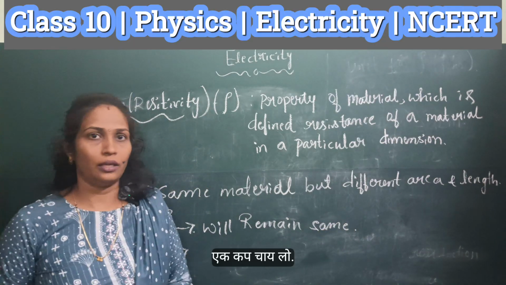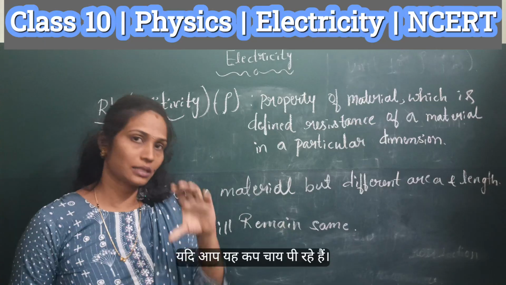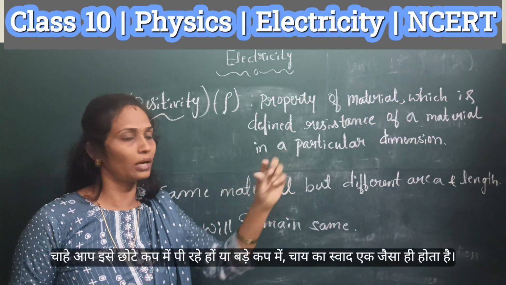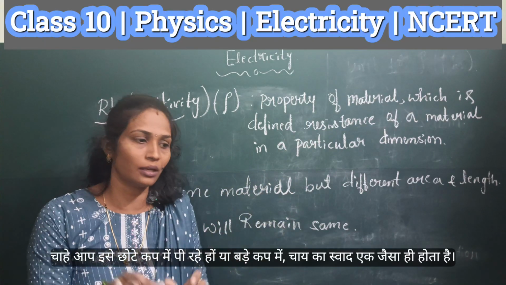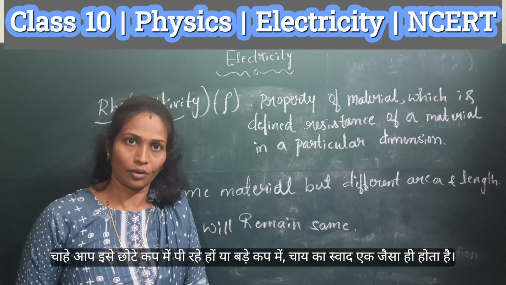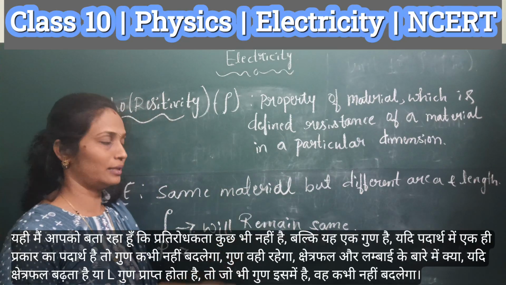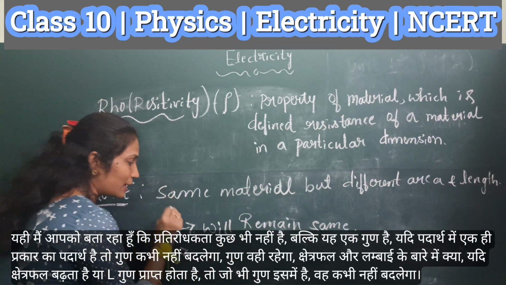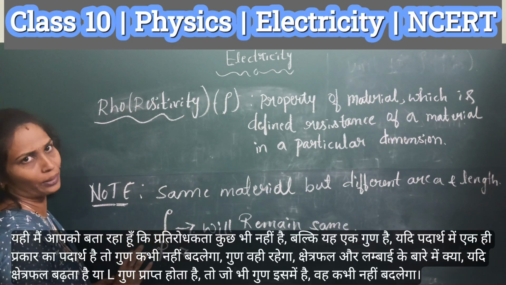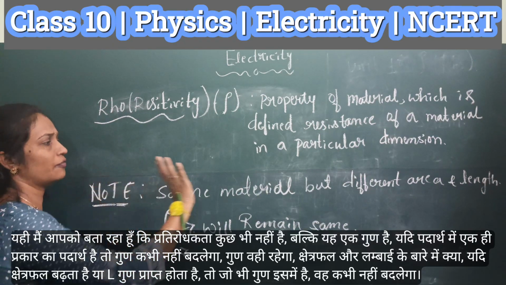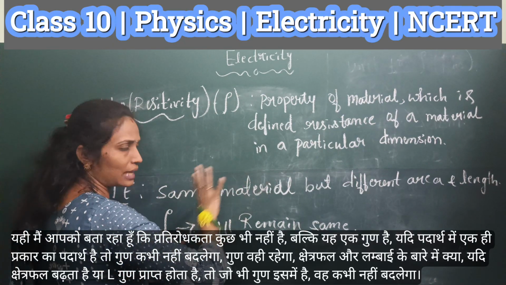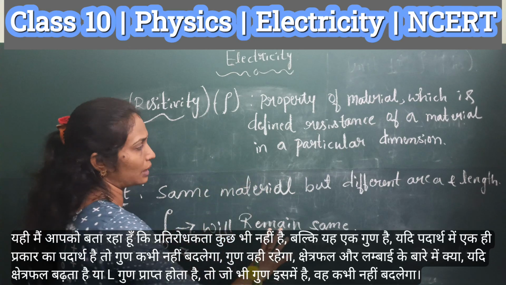Take one cup of tea. If you are drinking it in a small cup or in a big cup, the taste of the tea is the same. That is what I'm telling you. Resistivity is nothing but a property. The property will never change. If the material is the same kind of material, the property will remain the same.